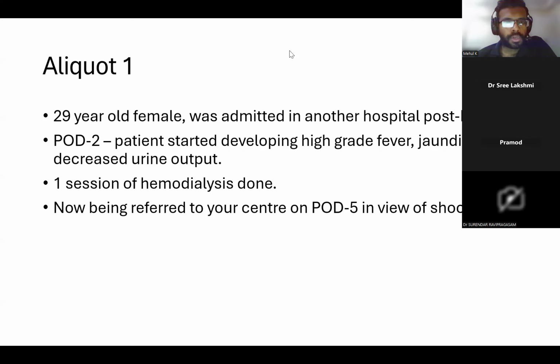Okay, Mayuri, how would you initially approach this case? What is the first thing that you'd like to do? Very simple.